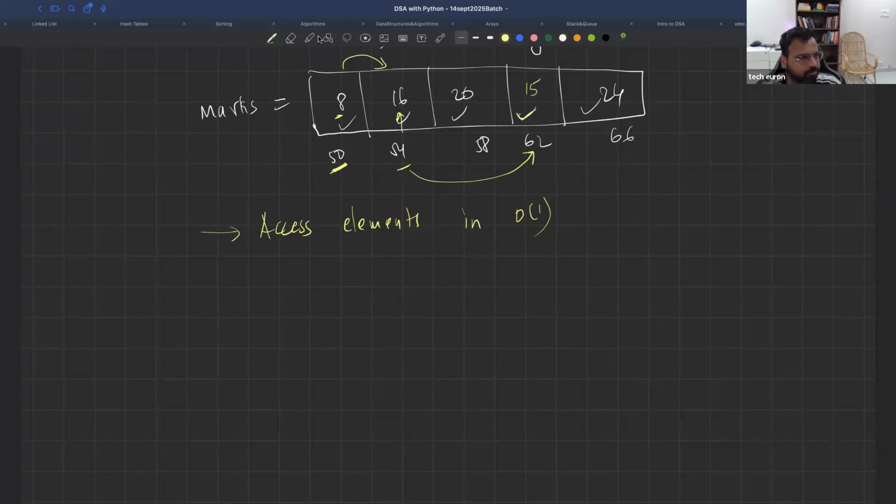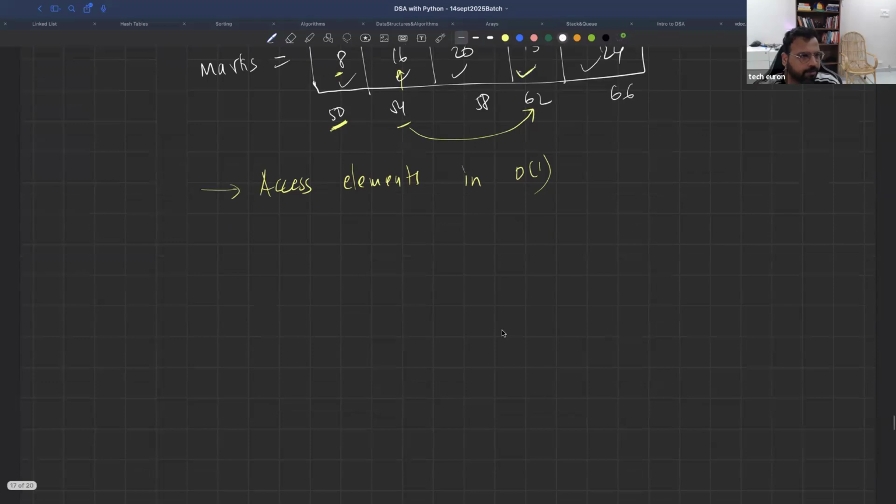Why is this white color not coming? Okay, we are able to access the elements. What else? We can insert or delete elements. We can search for elements.